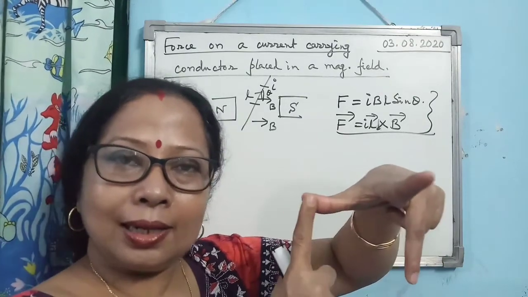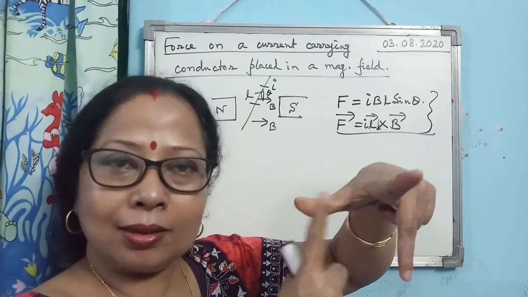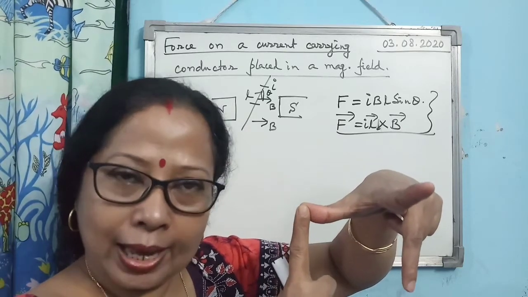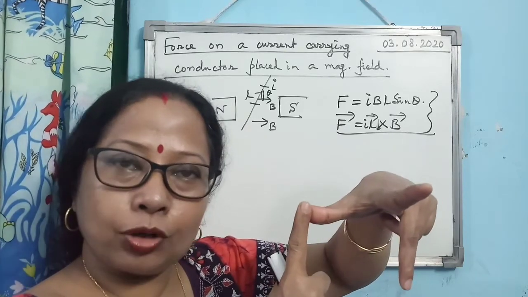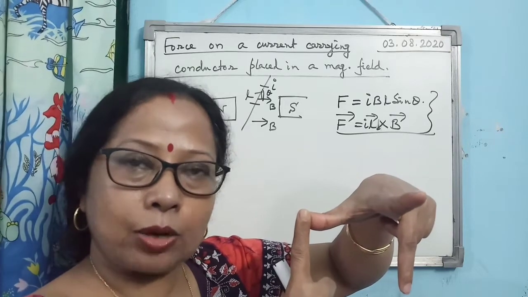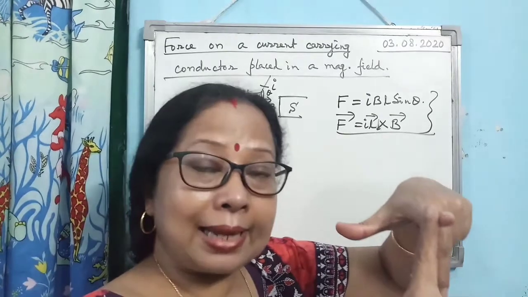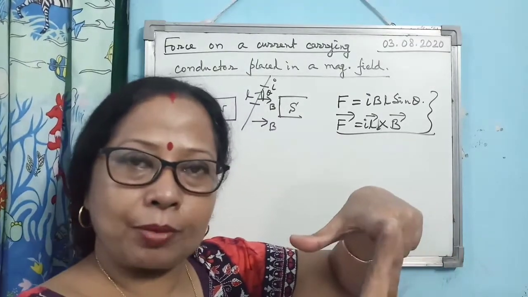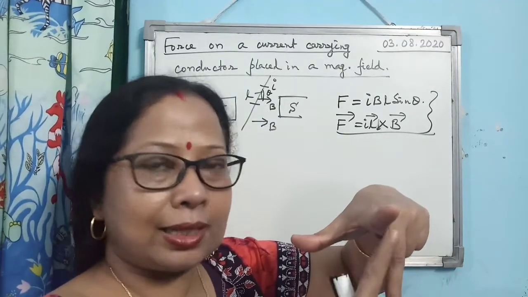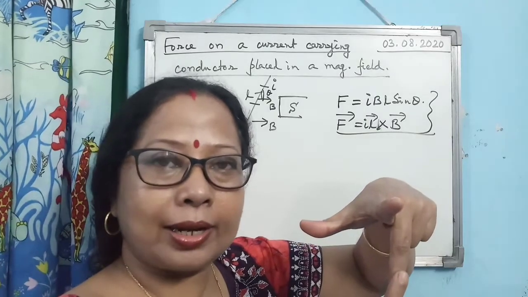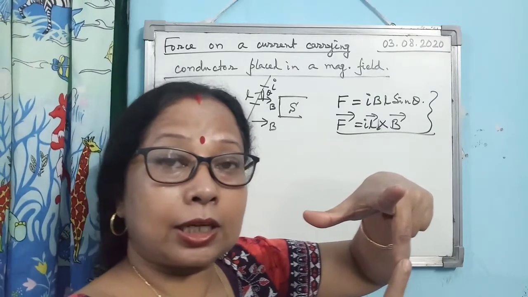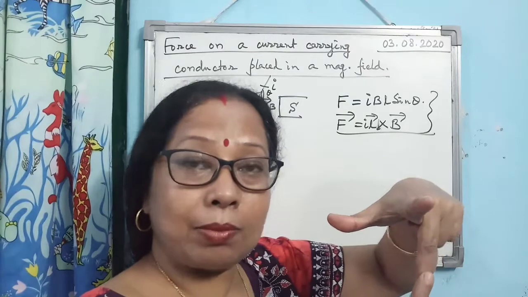Father is the force, along the direction the conductor will experience the force. Mother is the magnetic field, M is for magnetic field. Then C, the child, is the current, always giving the jhatka of current to all the family members, isn't it?